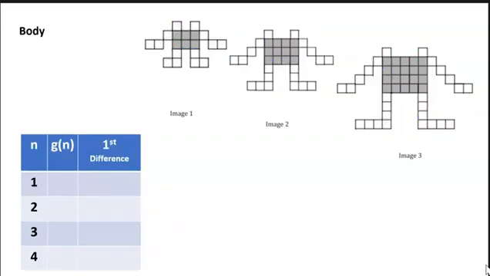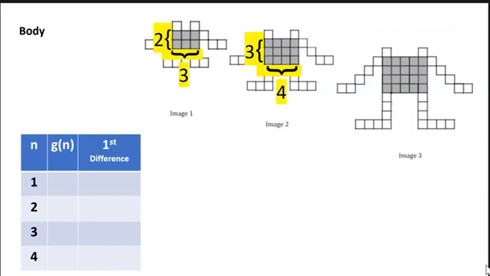To create the equation for the body of the figure, I look at the dimensions of each rectangle. In the first figure, the dimensions of the rectangle are 2 by 3. In the second figure, the dimensions are 3 by 4. When writing the explicit equation, I want to relate the term number, or in this case, image number, to the dimensions of the rectangle.